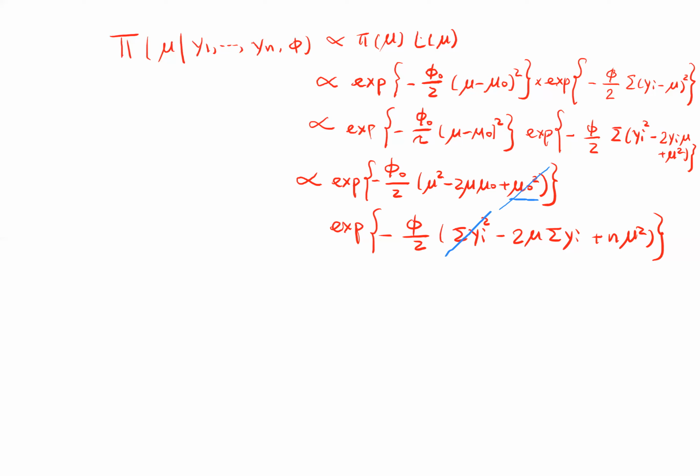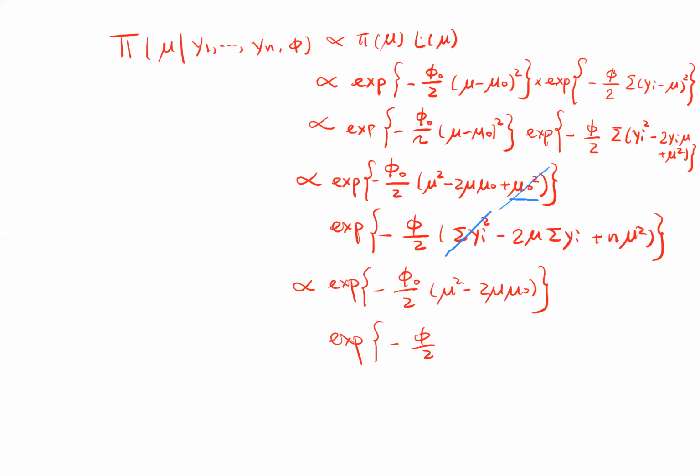So what you're left with. And this is where we can start to see that instead of writing sum of yi, you can write it as the product of n and y bar, like what Kobe asked earlier.